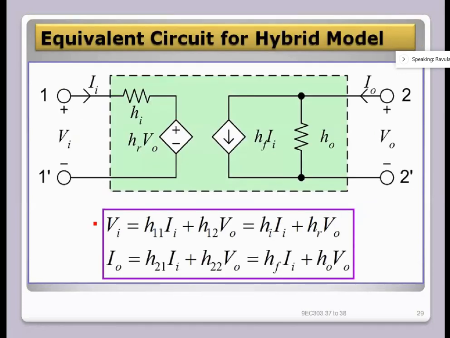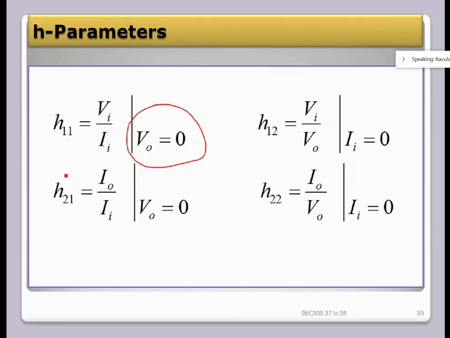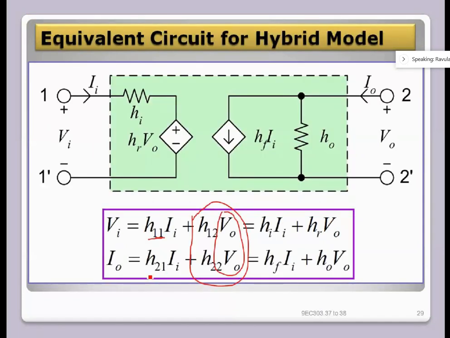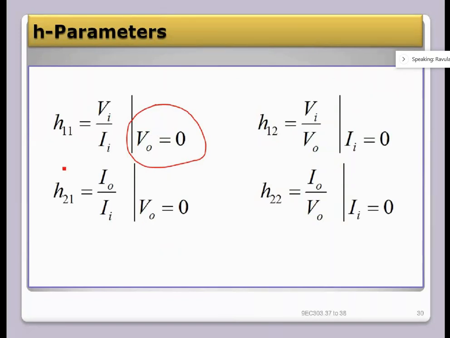See here, if V0 equals 0, then the entire term with V0 becomes 0. So H11 equals Vi by Ii, and H21 equals I0 by Ii, by taking the Ii to the left-hand side.